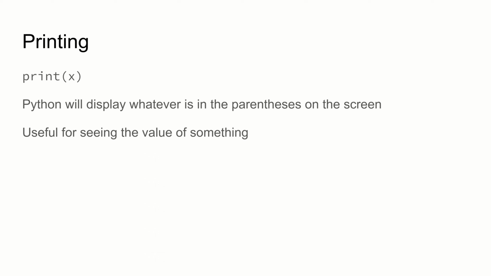It can also be a really useful thing for sending information to the users of our programs. If someone runs our program, we can print things to give them some output or some feedback on what's going on in the program. I want to point out that you will see Python examples that have print without the parentheses.